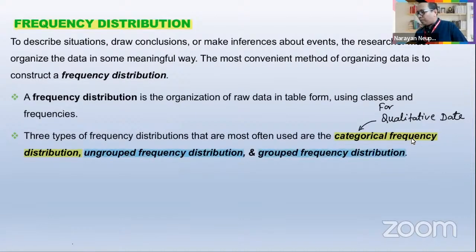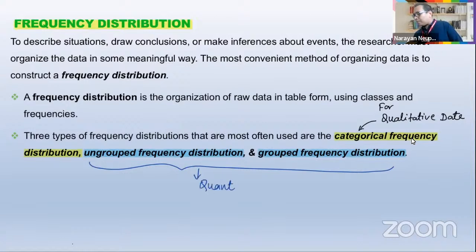No, sorry about that. The first one is the qualitative. These two are for quantitative data. So when I say qualitative data, these are non-numerical data. And when I say quantitative data, these are the numerical data where you see the number, okay?